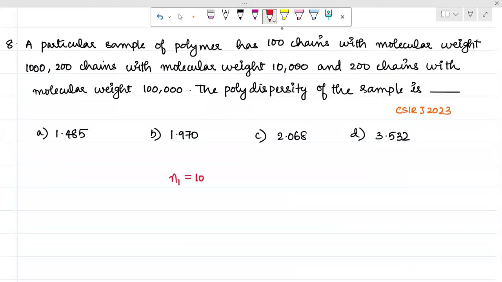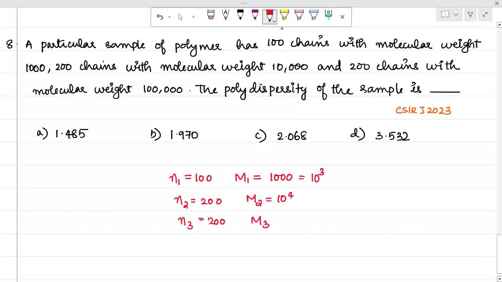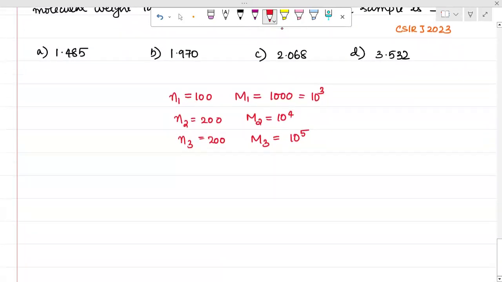N1 is equal to 100 with M1 is equal to 1000, 10 to the power 3. And you have got N2, 200 chains with mass 10 to the power 4. And you have got again 200 chains with M3 is 10 to the power 5.